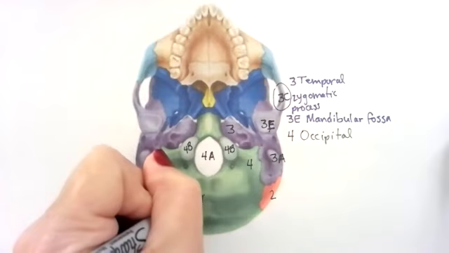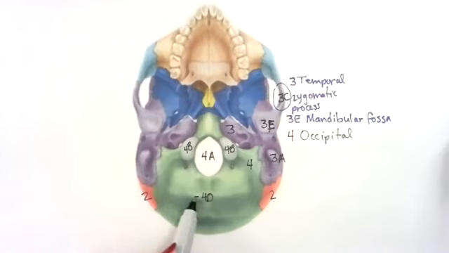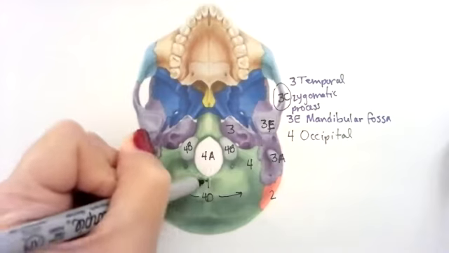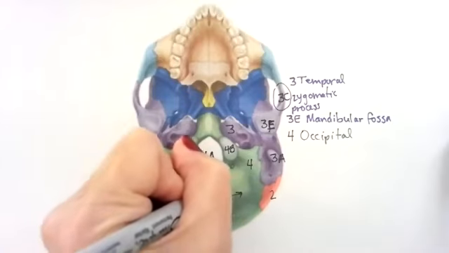We have a projection here, and we're going to call this 4D. And then radiating out from this projection, you have lines that go in all 4 directions. And we're going to give those a 4C.